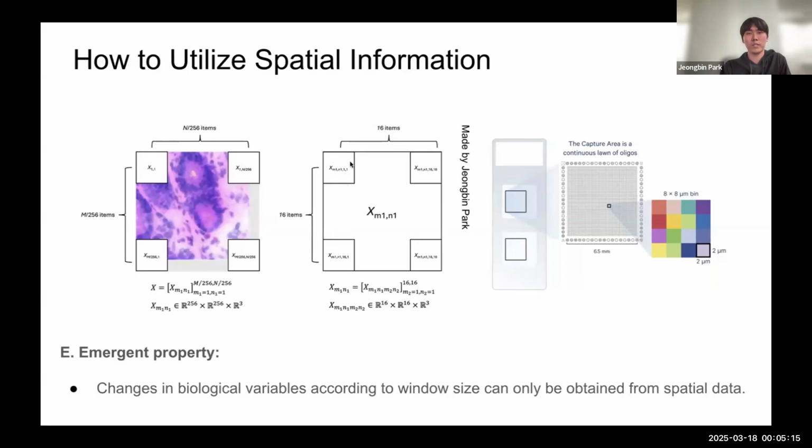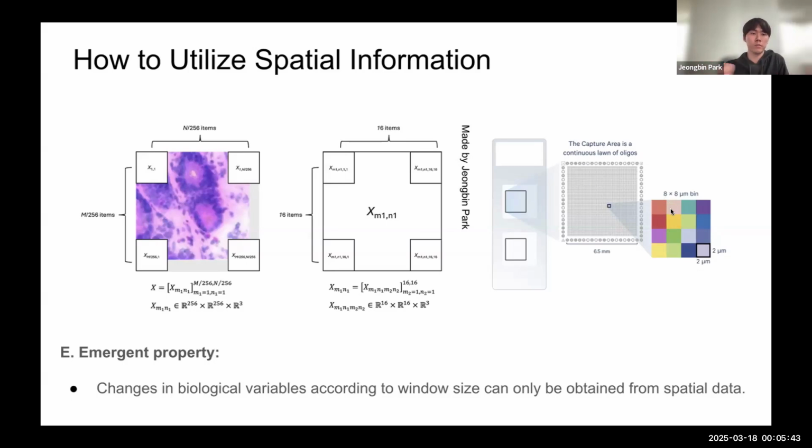The sub-patches are for identifying and extracting the local features, and the patches are somewhat global features. By doing so, this model can identify different types of spatial emergent properties. And also, as you know, Visium HD is also providing different bin sizes. Actually, it is known as providing 3 different bin sizes: 2 micrometer, 8 micrometer, and 60 micrometer.